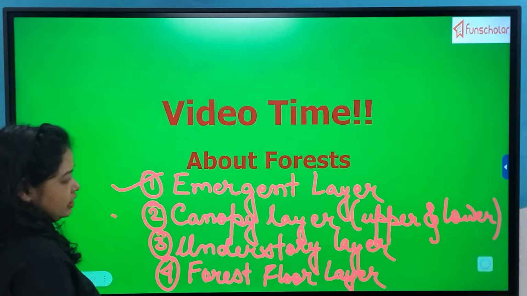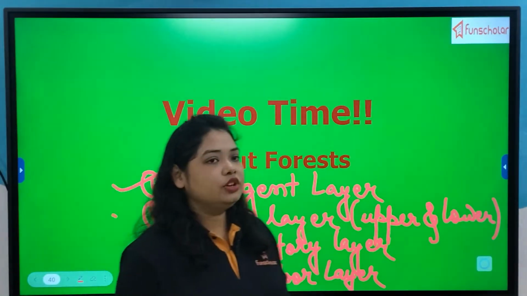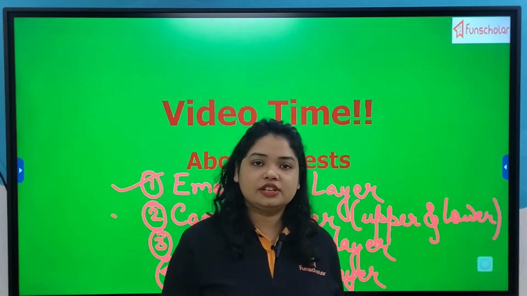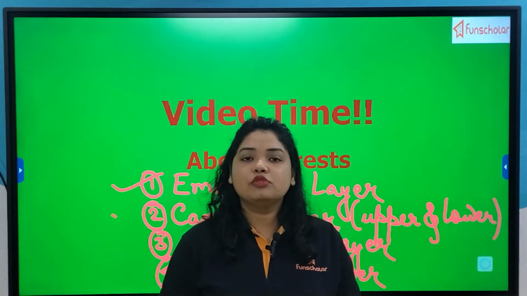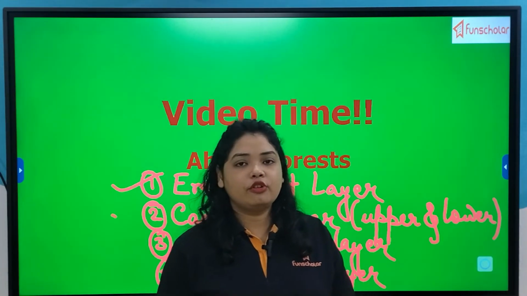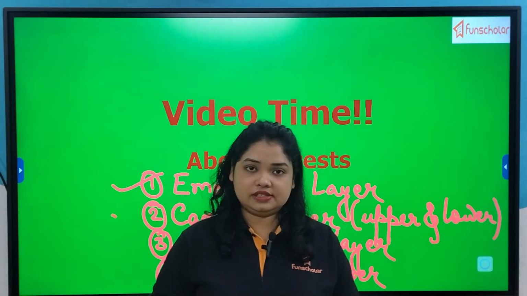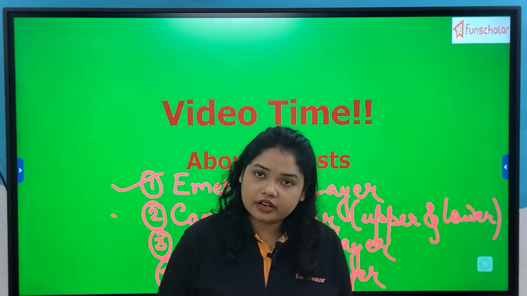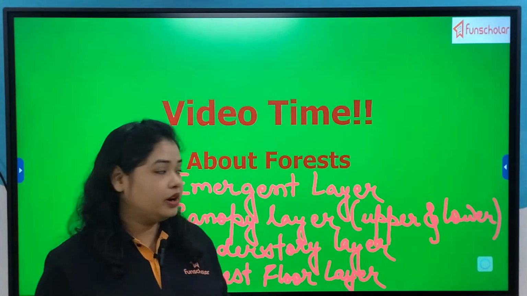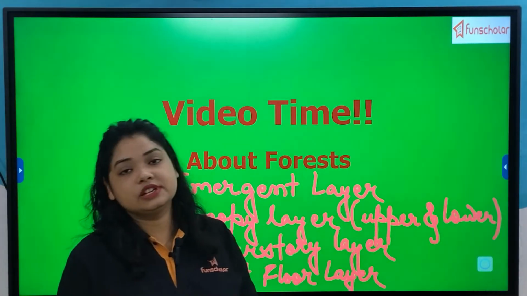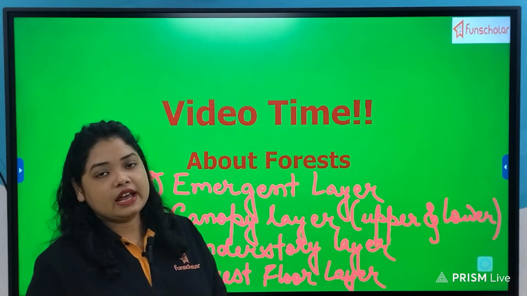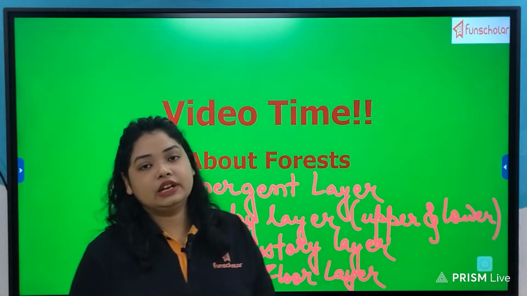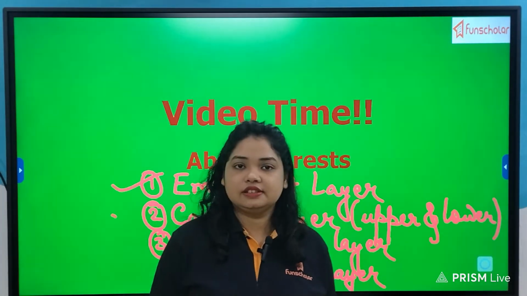Coming to the canopy layer. As said in the video, it is the topmost covering which is formed by the majority of the trees. It is divided into the upper canopy layer, where leaves are small in size, and the lower canopy layer, where leaves are large in size.